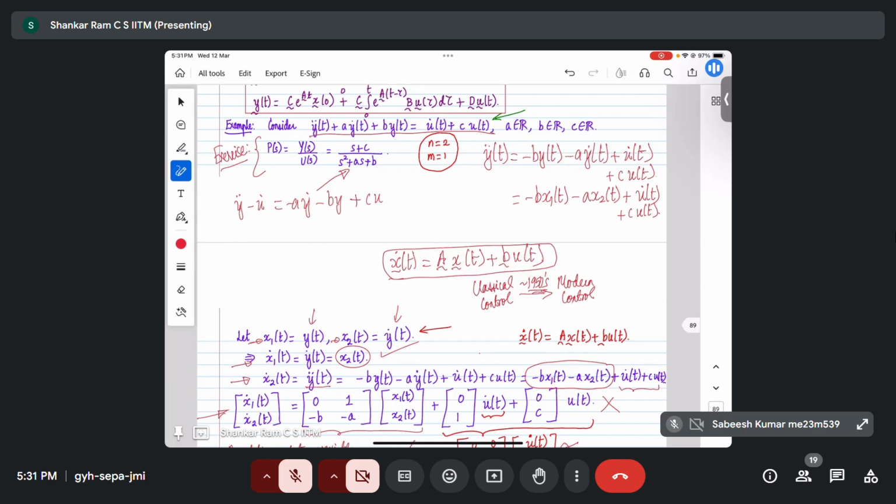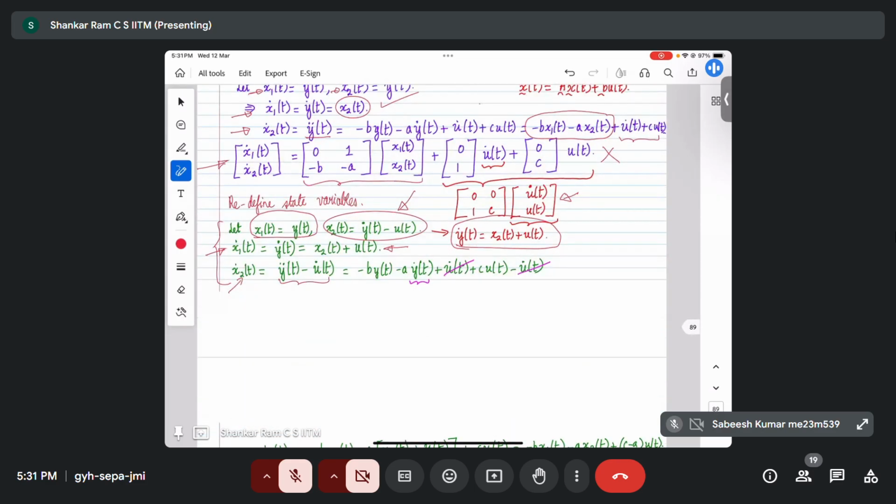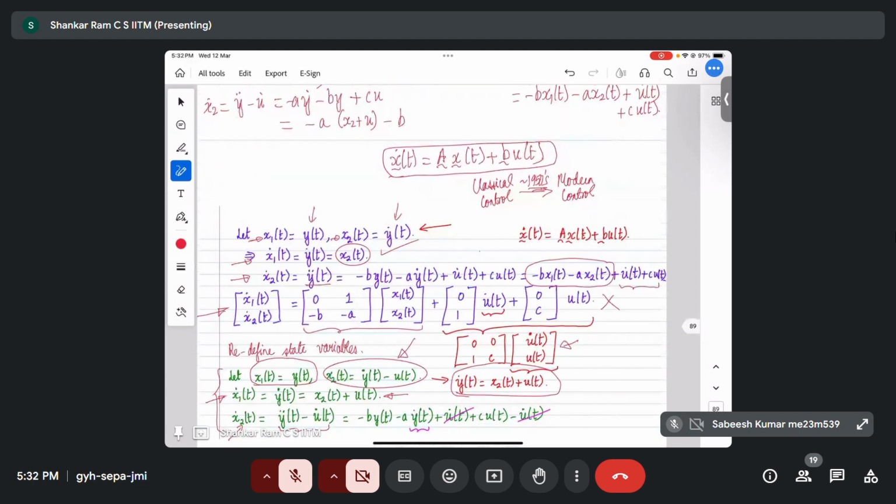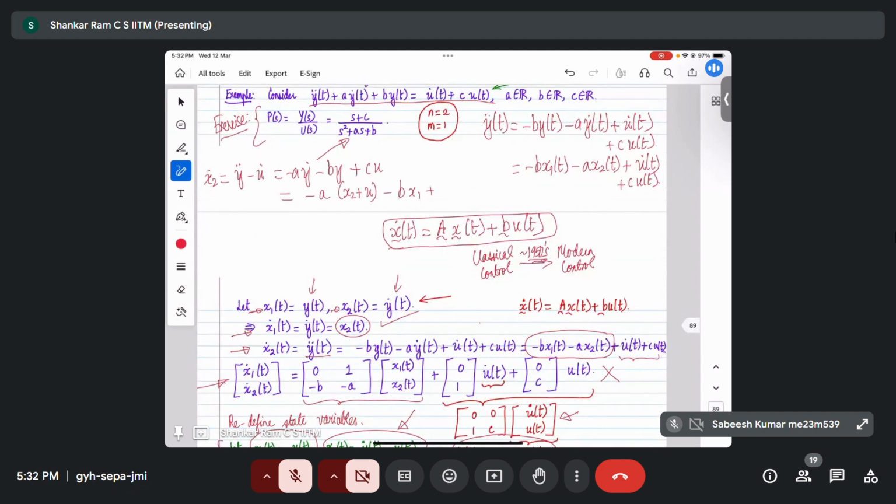Now we substitute. This is x2 dot. What is ay dot? Y dot is x2 plus u, so we substitute x2 plus u here. And then what is y? Y is x1, and cu remains the same. So what do you and I get?